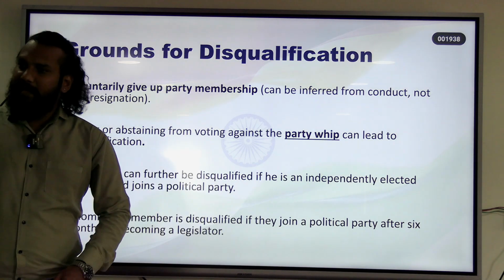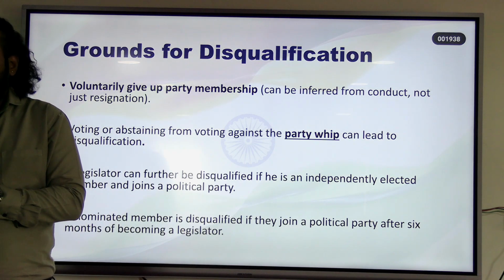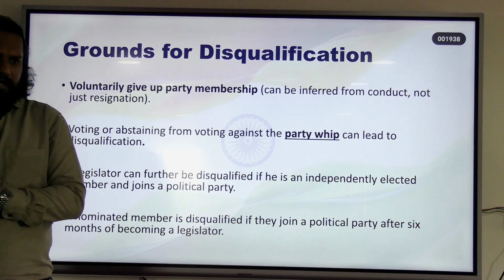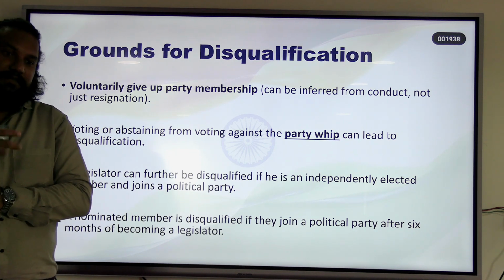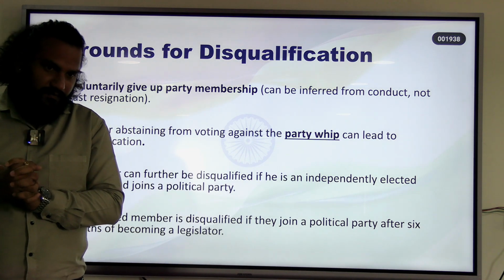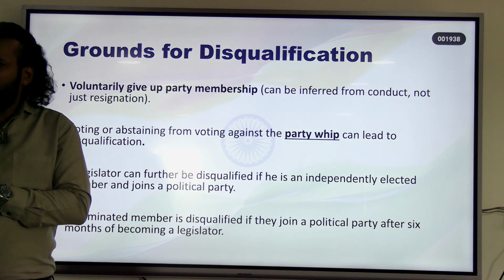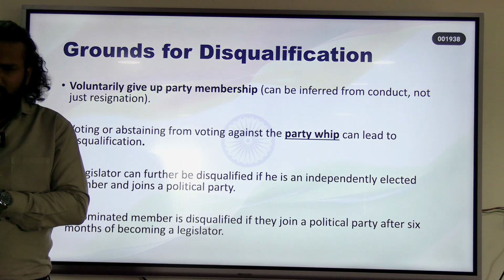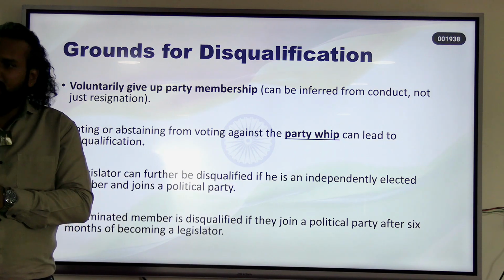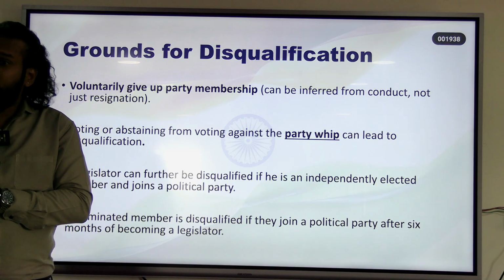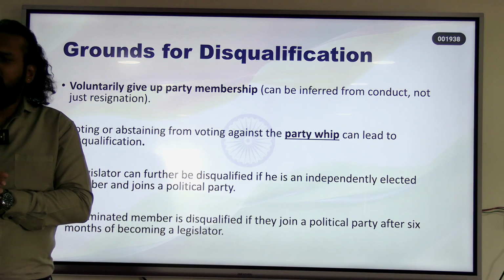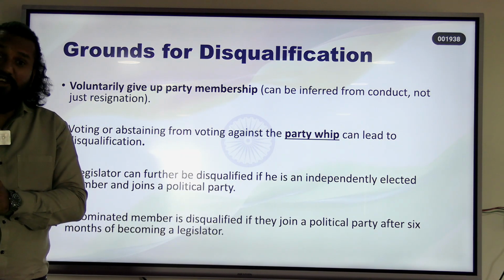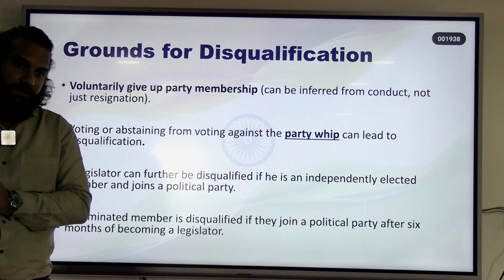Second thing: every party legislator has a right to vote, and they can vote yes or no. But in the Indian political system, those party legislators have to follow the instruction given by their party.